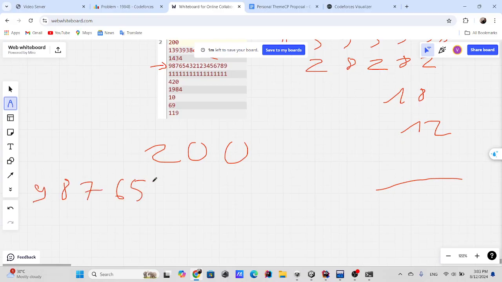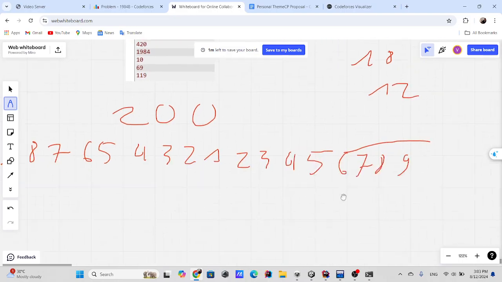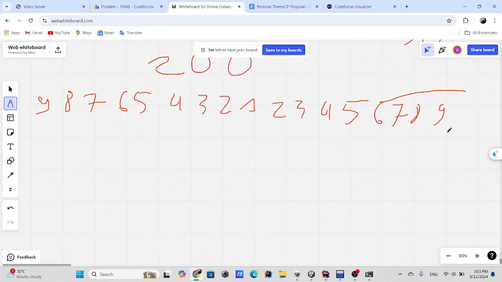Six, five, four, three, two, one, two, three, four, five, six, seven, eight, nine. A long test case. 19, right? So 7. 17, right? 6. 15, right? 14. 15, 14. 13.